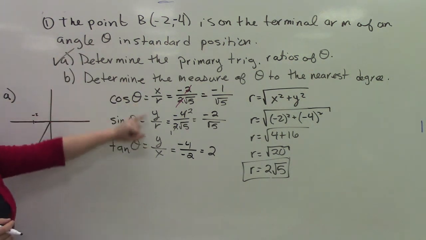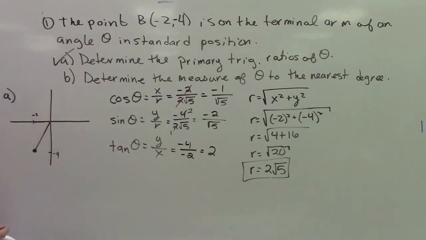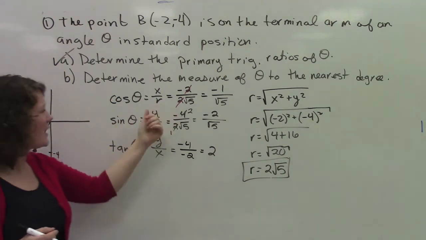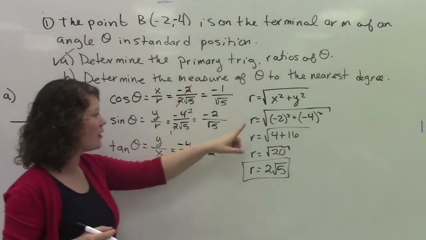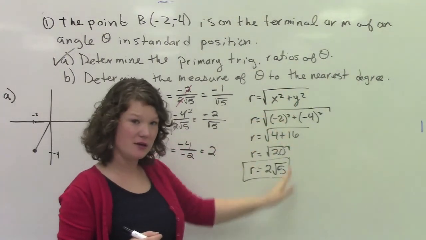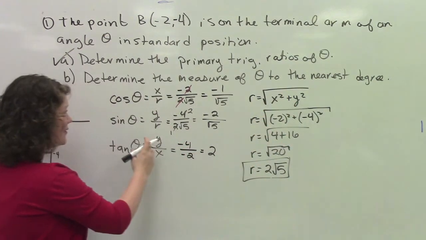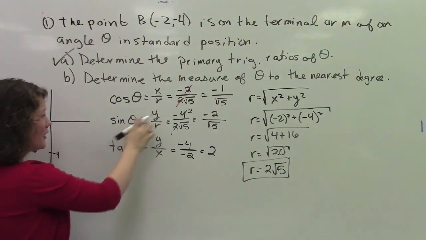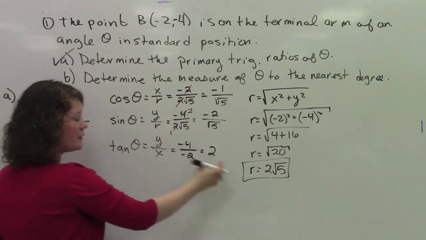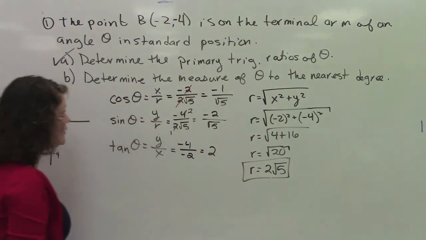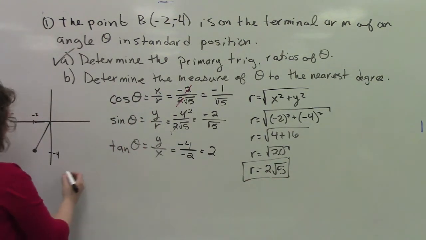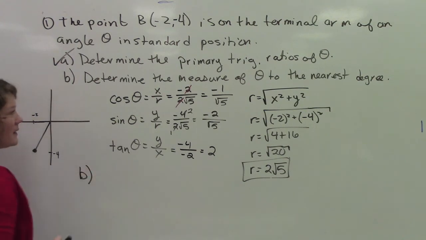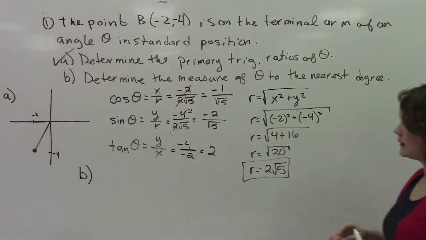We used the formulas here to fill in the gaps. The only thing that we were missing was that r, so we used the Pythagorean theorem to solve for r. So for example, we take our x and we put -2, y -4, and wherever we see r, we put in 2 root 5.